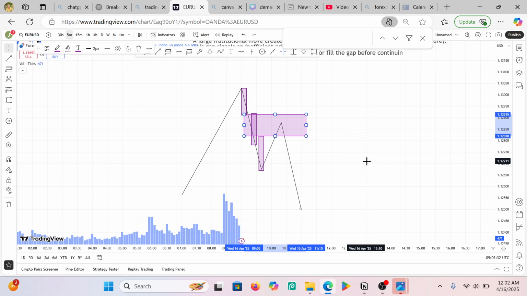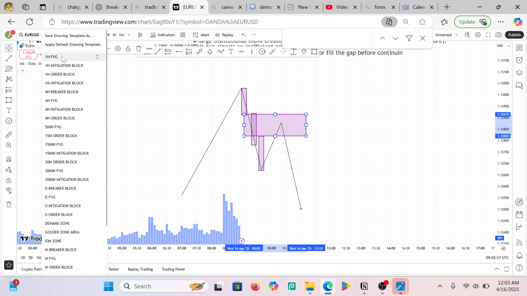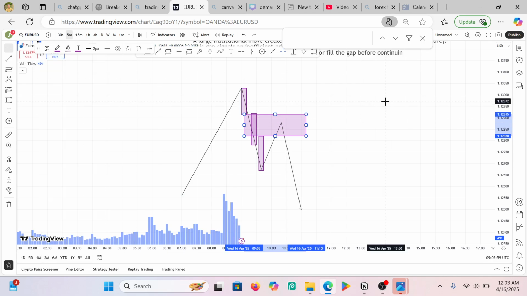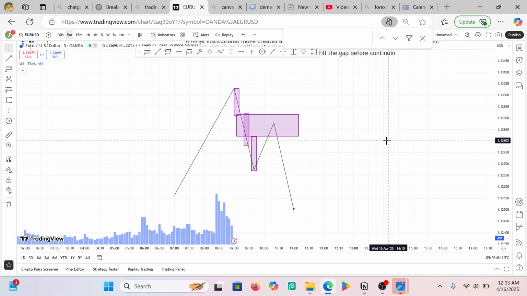Mark the wicks, not the body, because a candlestick has three parts: the body and the wicks, where we have the opening and the close of the candlestick. So this space in between the first and the third candlestick, that's what we call a fair value gap.